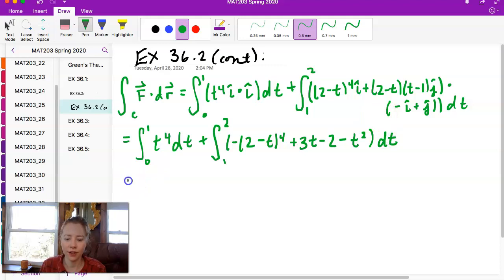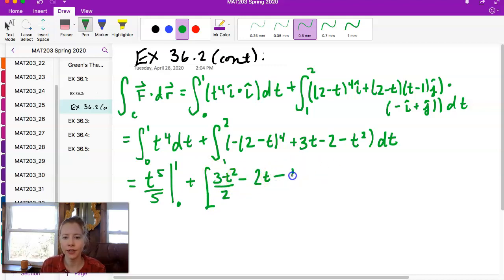which is going to give us, well, this first piece, integrate t to the fourth dt, is going to give us t to the fifth over 5, from 0 to 1, plus 3t squared over 2 minus 2t minus t cubed over 3, from 1 to 2.